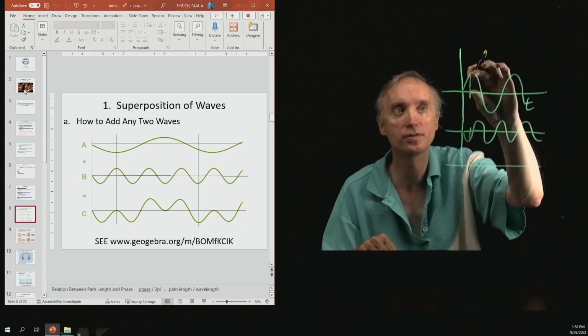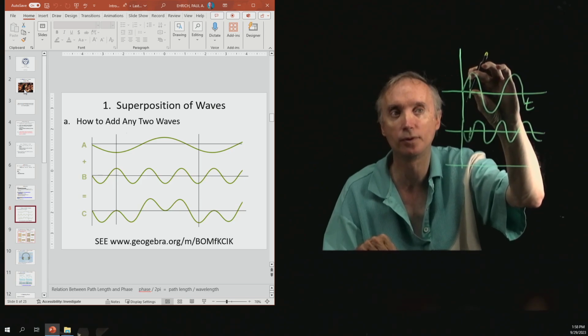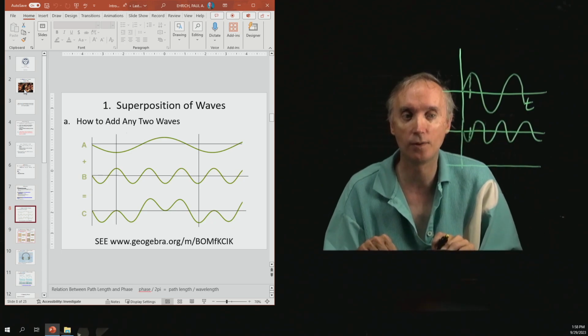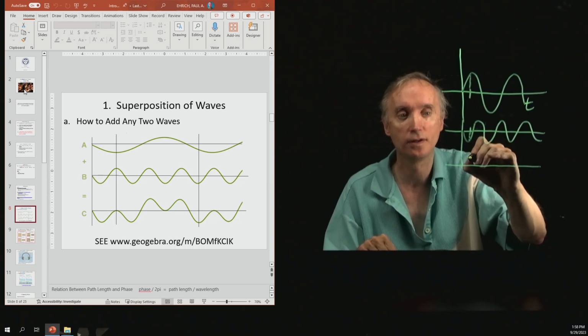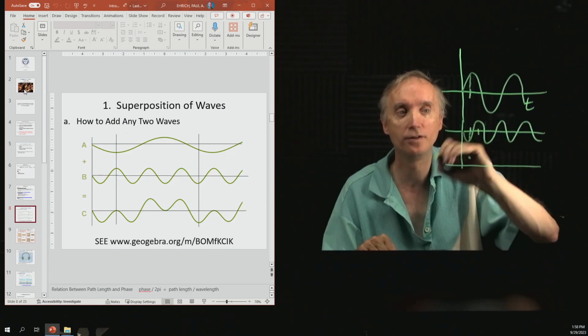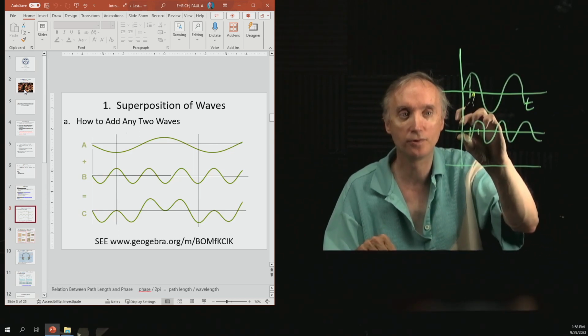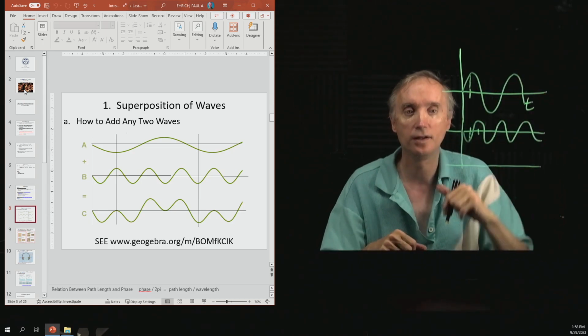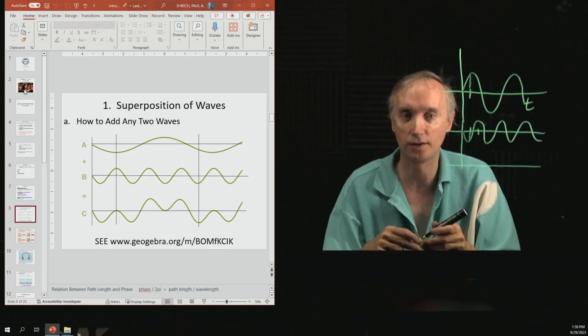So it's going to be this distance, which is a positive number, and then you're adding it to this distance, which is a negative number, so you're subtracting them. And whatever that number is, then you put it right underneath it. And then you go over to here, and then you repeat it. So the closer you get your measurements, the more accurate it's going to be when you add them together.